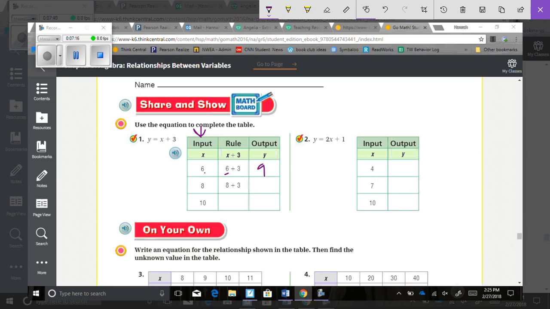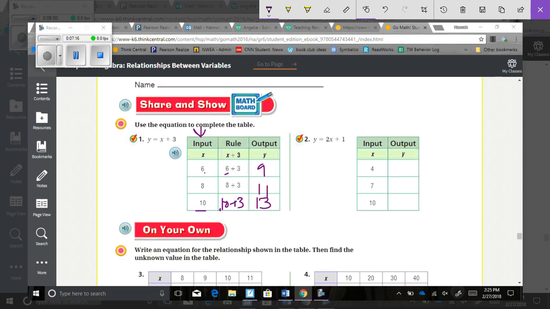For the second one, if we plug in 8, 8 plus 3 is 11. And if x is 10, we're doing 10 plus 3, which is 13.